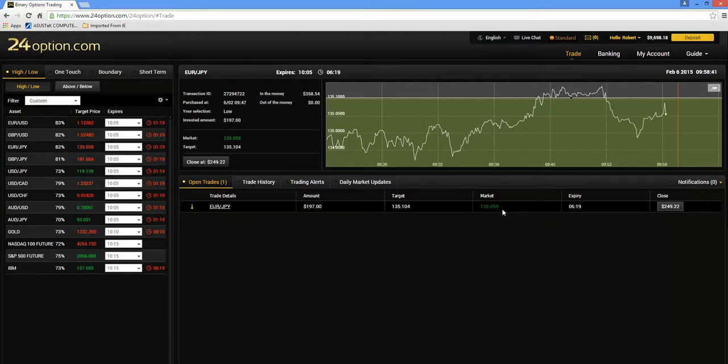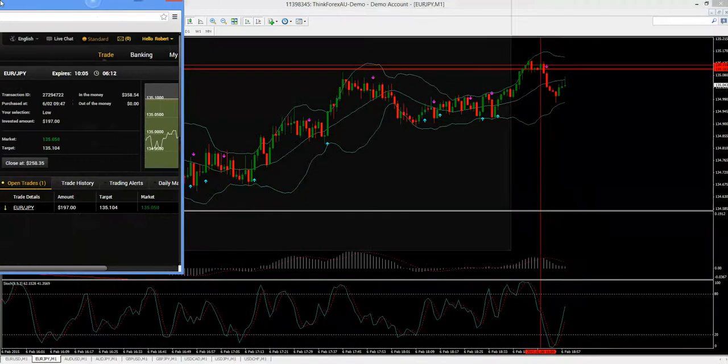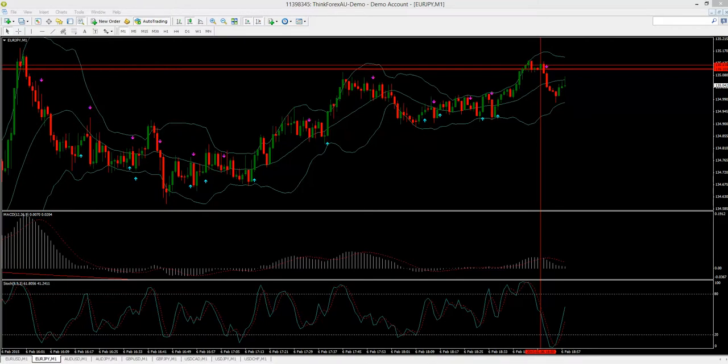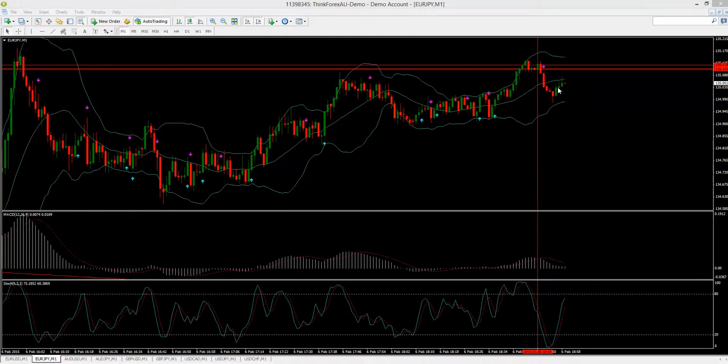So we've got about 4 pips profit. It's kind of popping around here. And those are the kind of things you just gotta learn to have patience with. See there, we're getting a little bit of a shooting star there. It is showing a little bit of strength, but hopefully it holds on for us here.